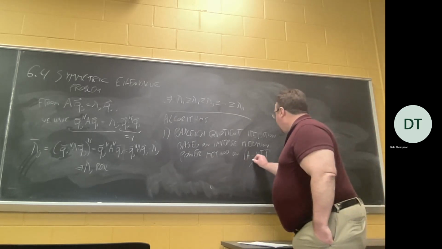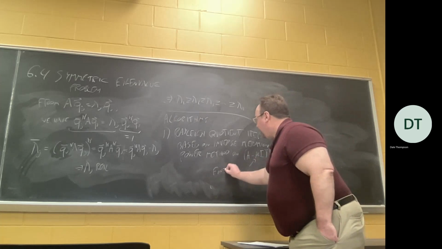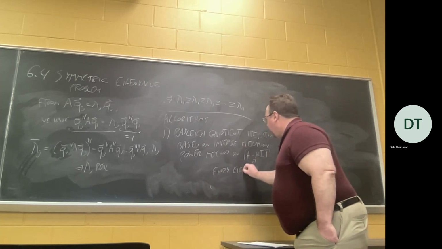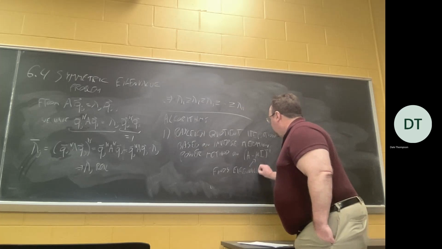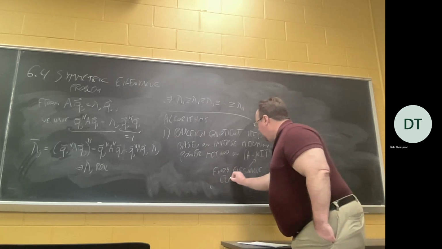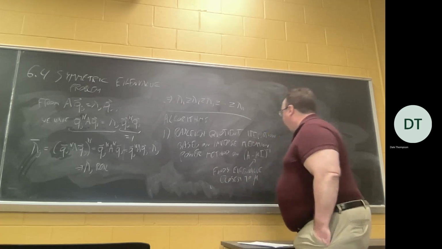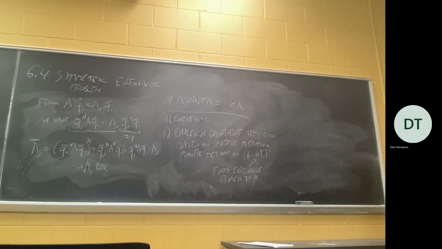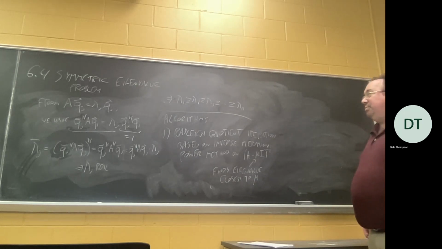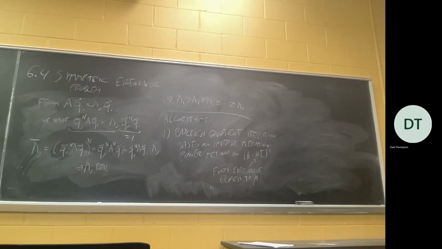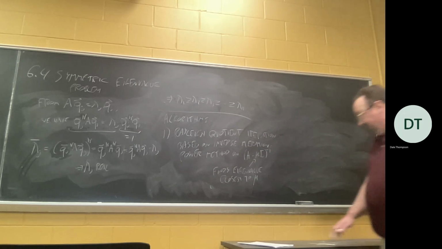Now what that does, as I mentioned last time, is find the eigenvalue closest to mu. Because the eigenvalues of A minus mu I inverse are 1 over lambda minus mu. If lambda is the closest to mu, that denominator is going to be smallest, therefore making the whole fraction the largest.